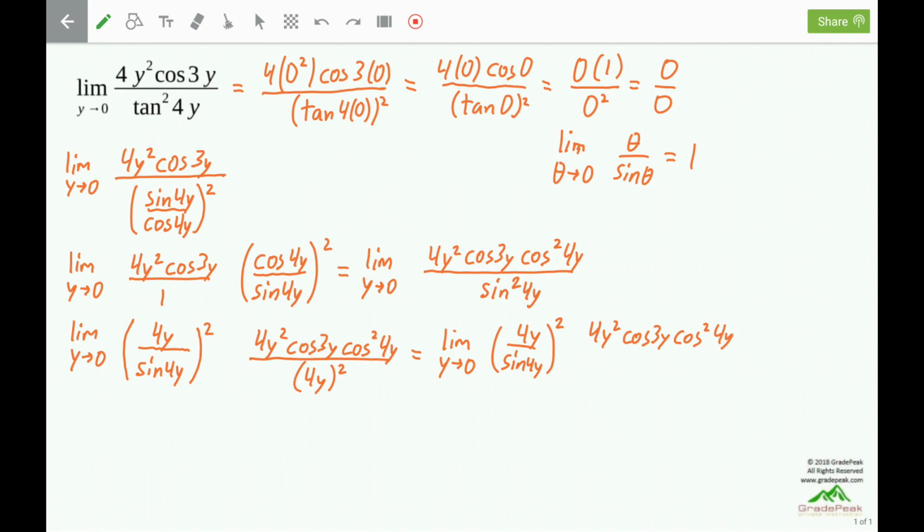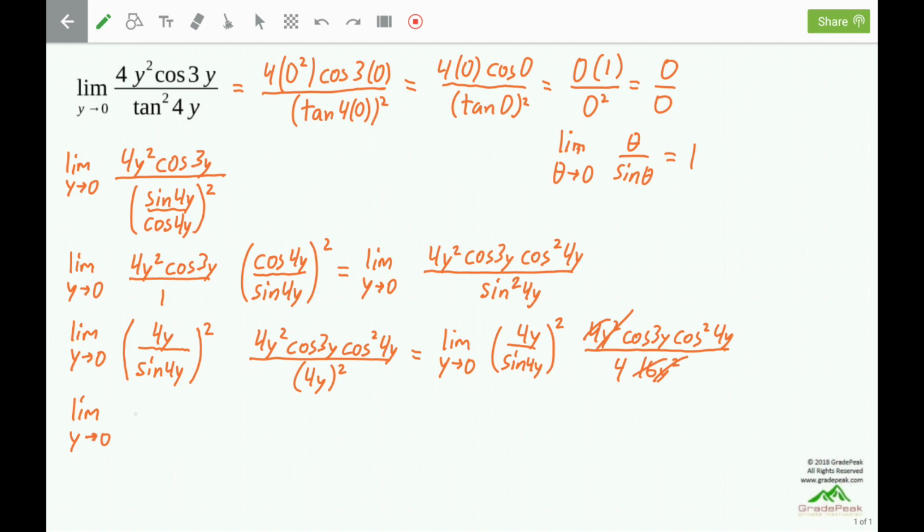And now I'm going to square out the 4y that's in the denominator. It's the only thing I'm doing in this step. And that gives me 16y squared. We can cancel the y squared from the numerator with the y squared in the denominator. They're multiplying everything else, so they can cancel. And then the 4 and the 16 reduce to a 4 in the denominator. Let's rewrite what we have.